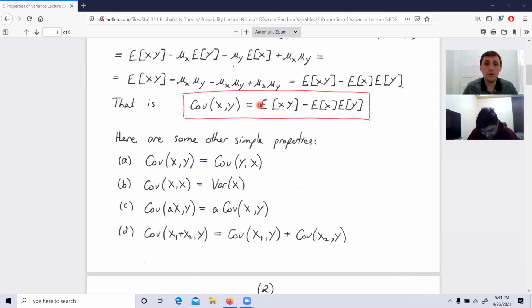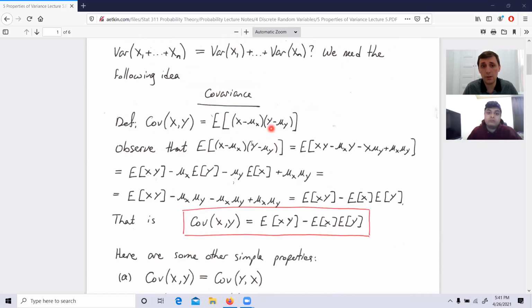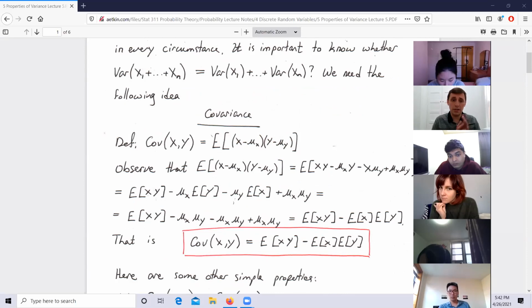Okay, so we had verified a bunch of properties, which I hope you understood how we were able to do. So for instance, covariance of xy is the same as covariance yx. That follows immediately because x minus mu x times y minus mu y is the same as multiplying the variables in reverse. Yes, so that is easy to see.